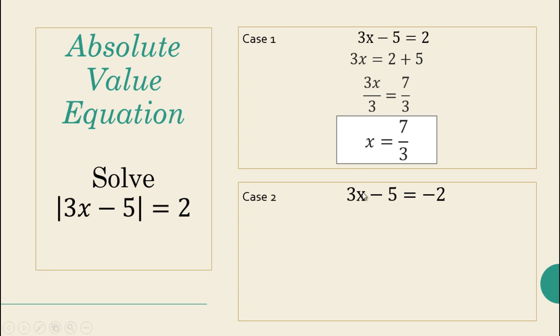So, we have here 3x minus 5 equals to negative 2. The same nga pamaagi sa pag-solve sa kaya na ang case 1. So, 3x equals to negative 2 plus 3. Then, mahimong 3x equals to 3. Now, we'll divide both sides by 3 para x na lang mabilin. Then, our x equals to 1.